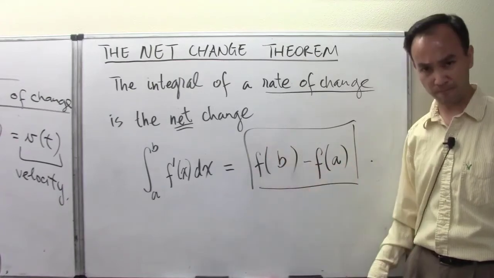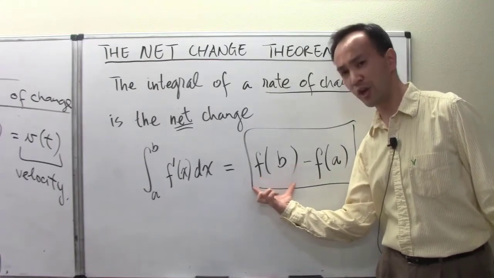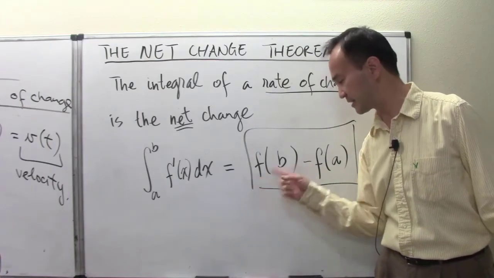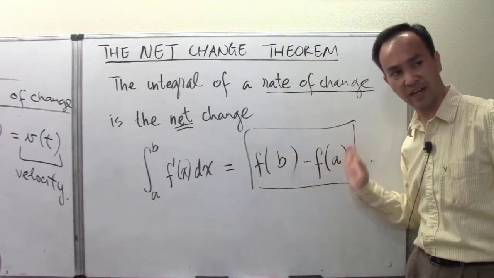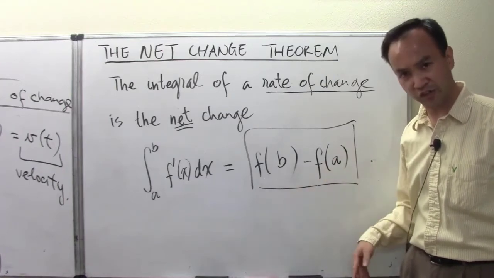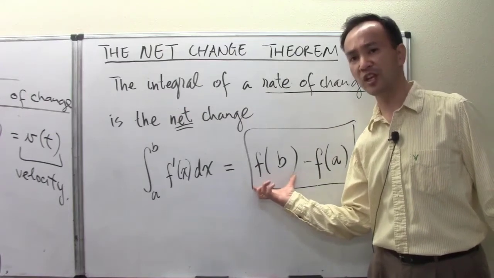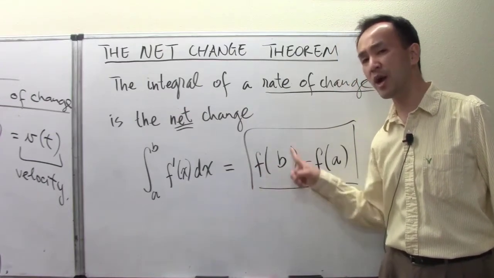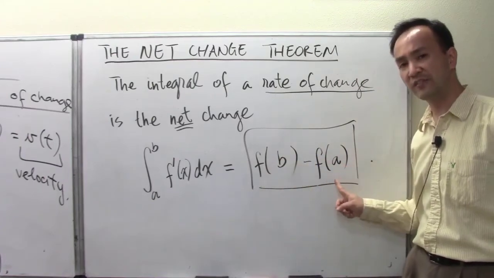If you are a chemist, why not just take the concentration of whatever chemical at time b minus the concentration at time a, and subtract out? Why not just do that to get the net change? And if you are a physicist, why not just evaluate the position function at b and subtract the position function evaluated at a?